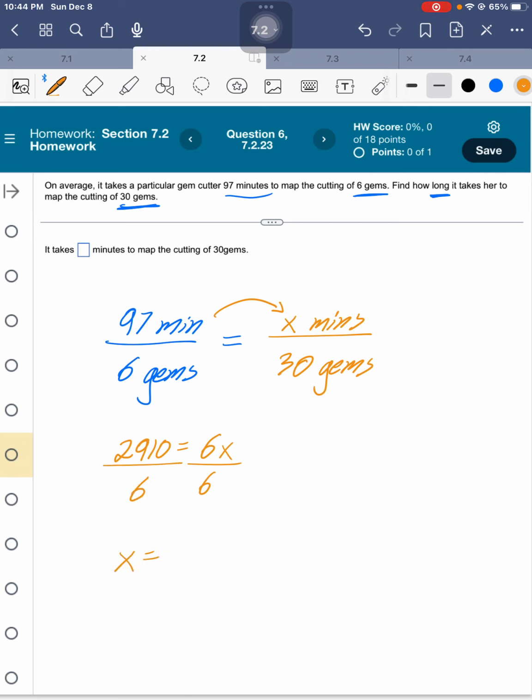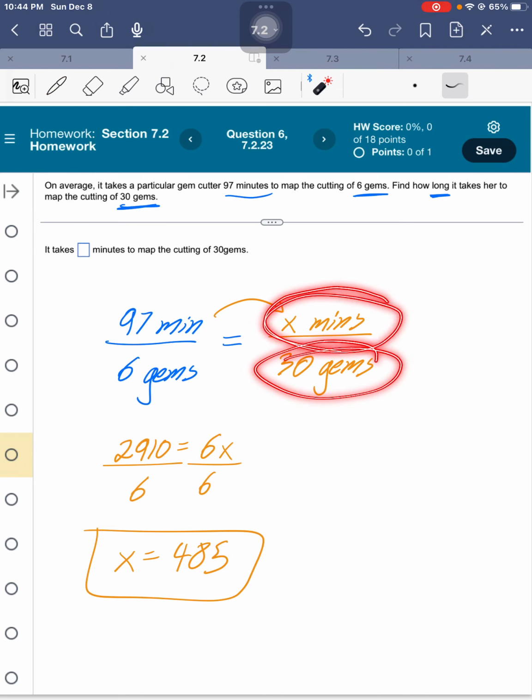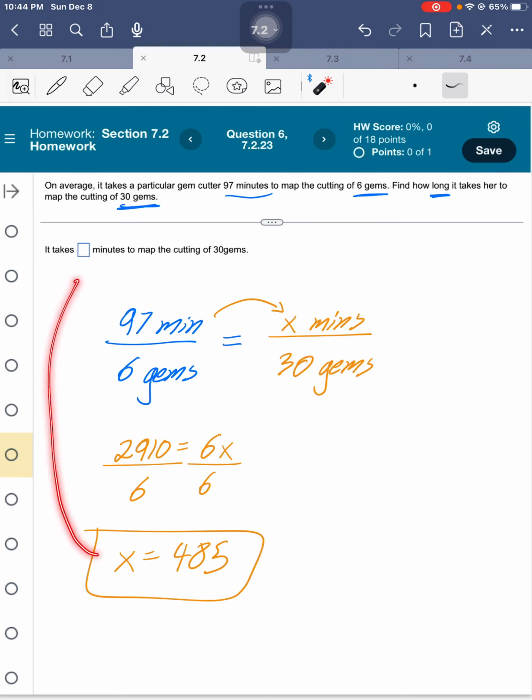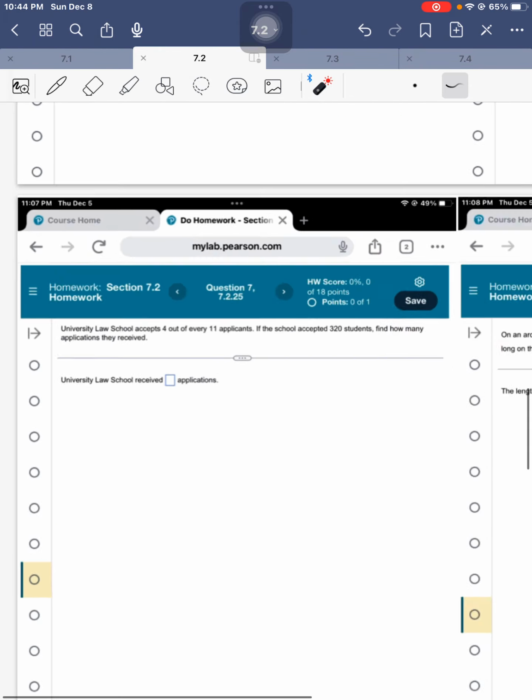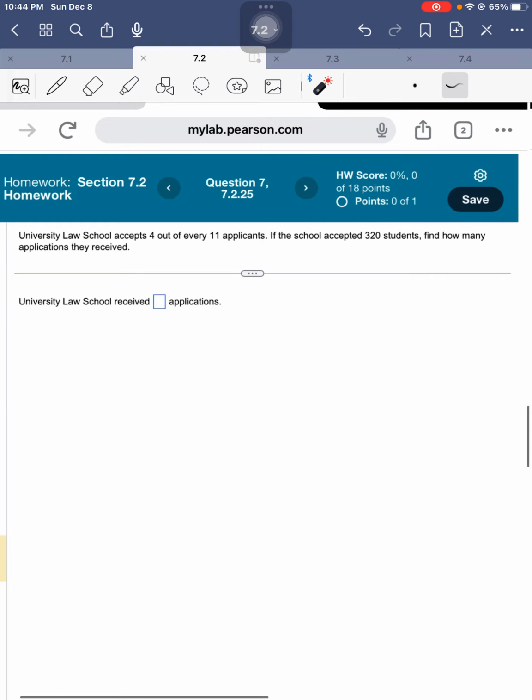Divide by 6, and it equals 485. So to make 30 gems, it would take 485 minutes. And that's it.